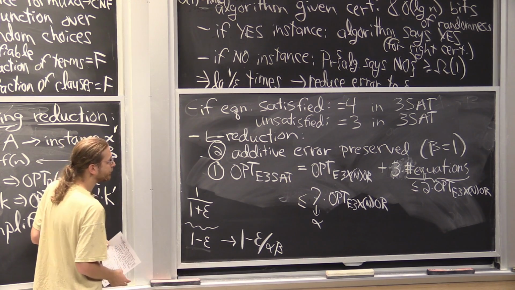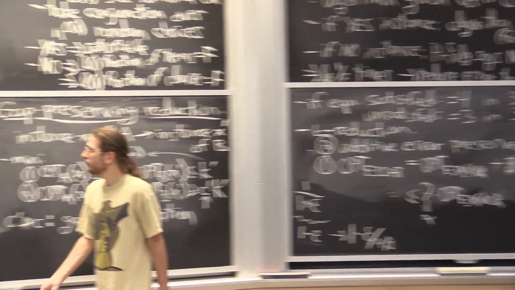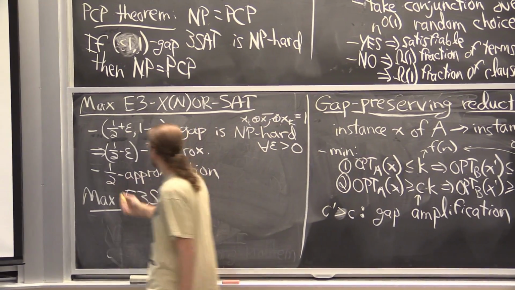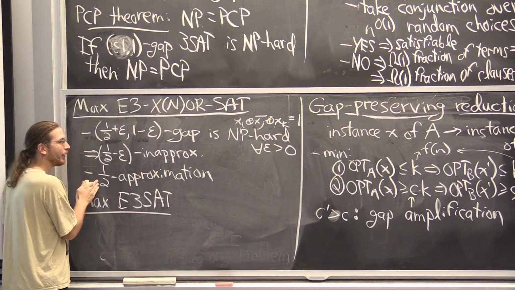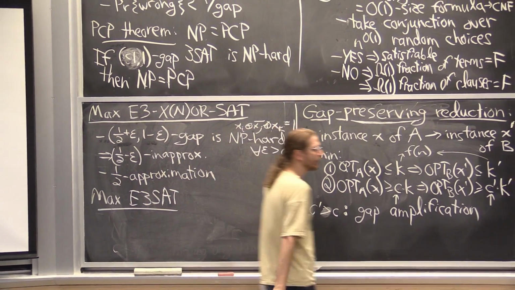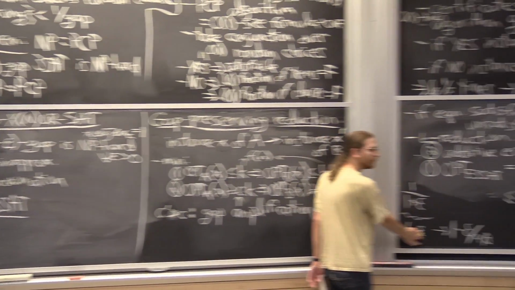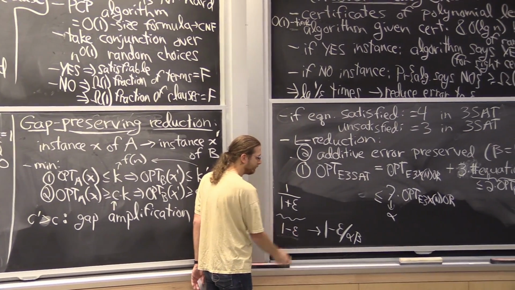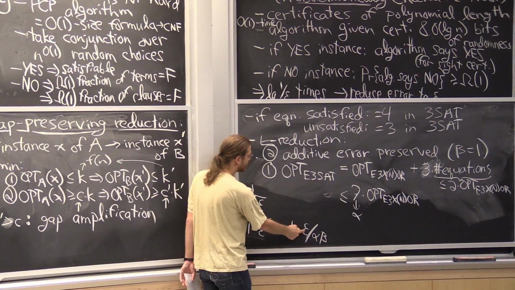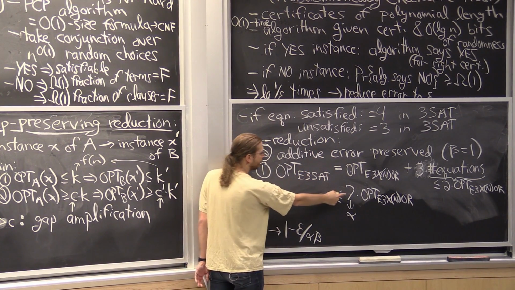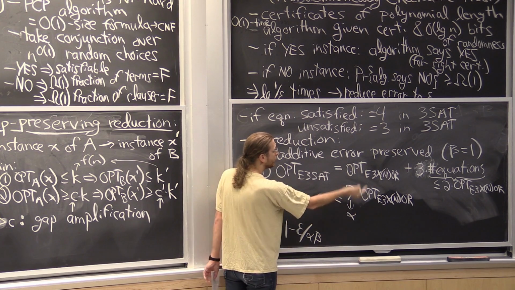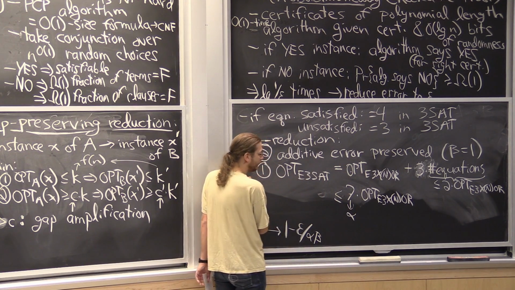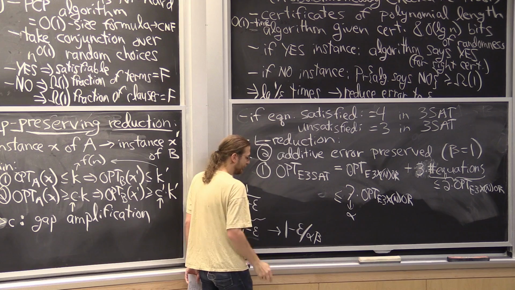So this was a maximization problem. Here we have 1/2 inapproximability. That 1/2 is also known as 1 minus 1/2, so epsilon here is 1/2. And alpha was 7, beta was 1. And so we just divide by 7.